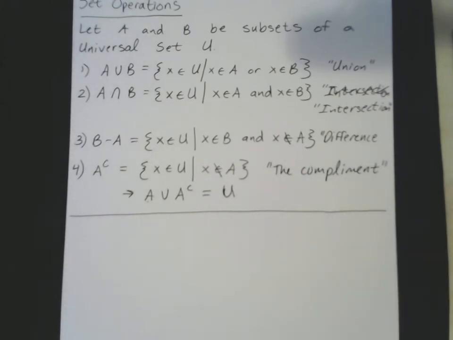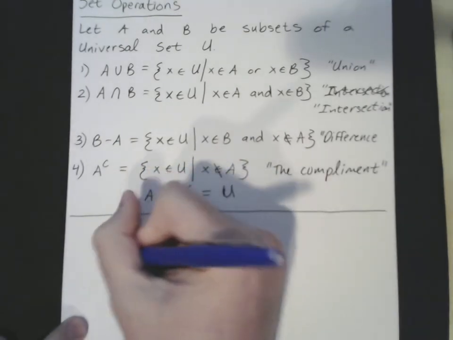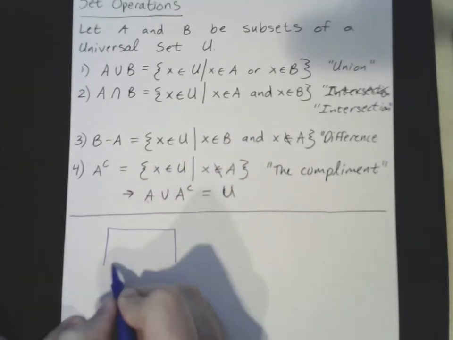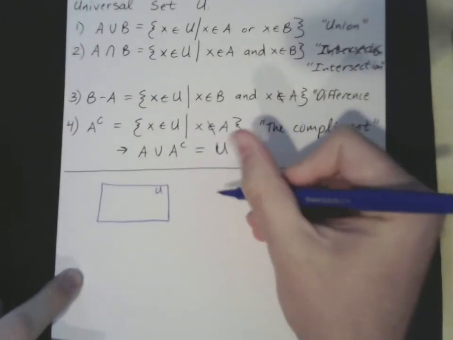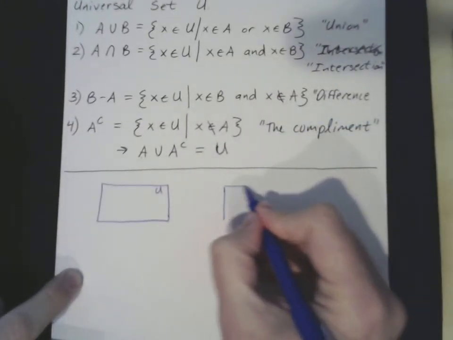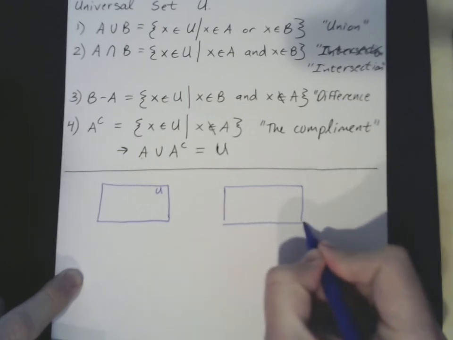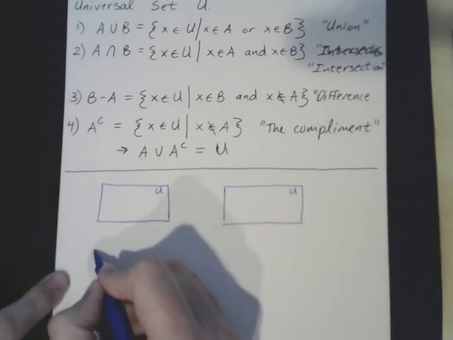So I do have some drawings here to help you see what these are just a little bit better. So let's say we have our universal set U given by this rectangle, and we're going to do one of these for each of our set operations.